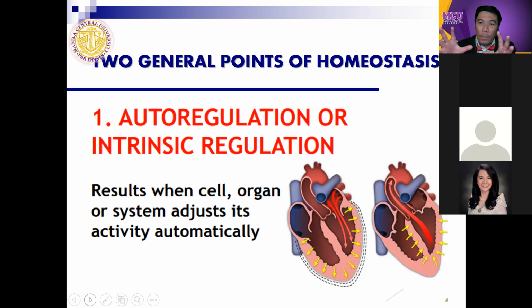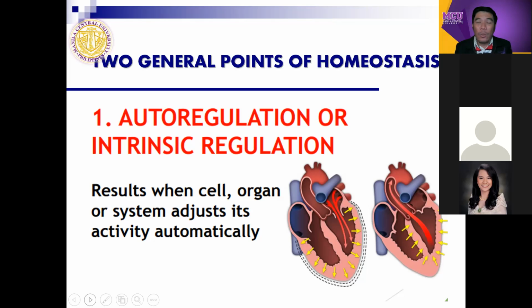Once the ventricle is filled with blood volume, that's the time that the muscle will contract inward to facilitate ejection of the blood to the pulmonary and the systemic circulation. So it's a continuous process. That is merely talking about autoregulation.